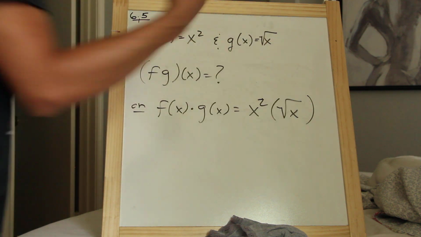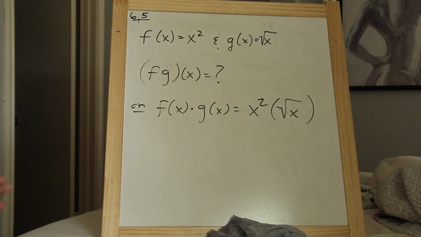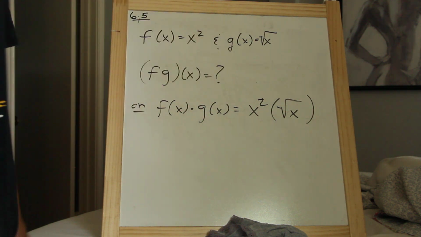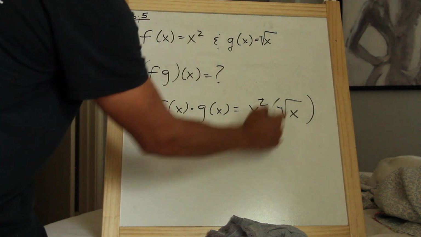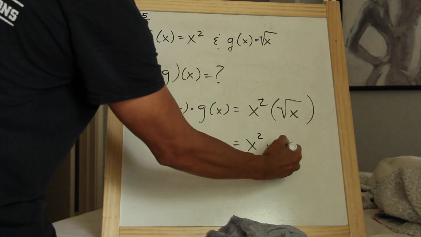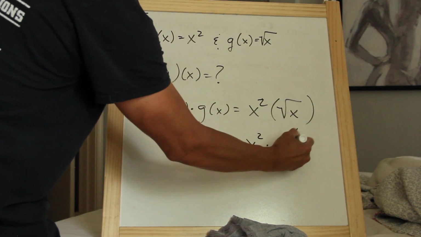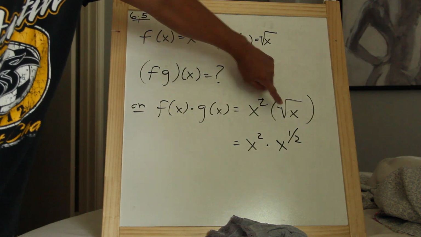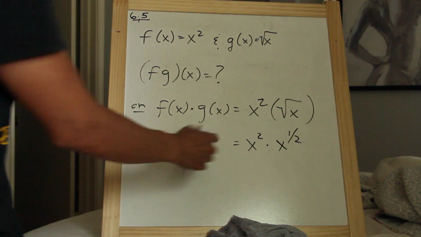Now this is where that first lesson comes in. How do I multiply two different formats? This is an exponent, this is a radical. Remember that the radical can be expressed as an exponent, so this is times x to the 1/2 power. Anytime I see a radical by itself with no index in front, then it's just to the 1/2.